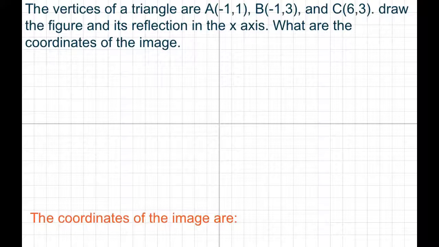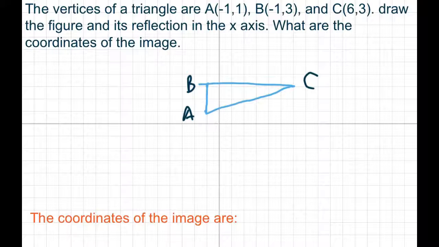We need to first draw our figure. Here I've drawn in the points for A, B, and C, and now we must connect the dots. Now, we want to reflect this across the x-axis.